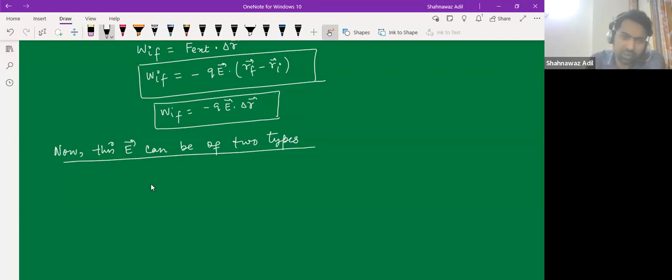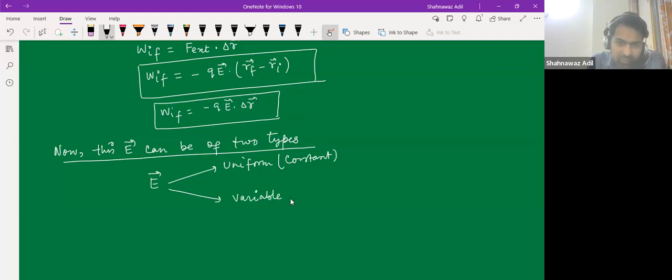So the electric field could be uniform, which is constant, or the electric field could be variable. What is a variable electric field?